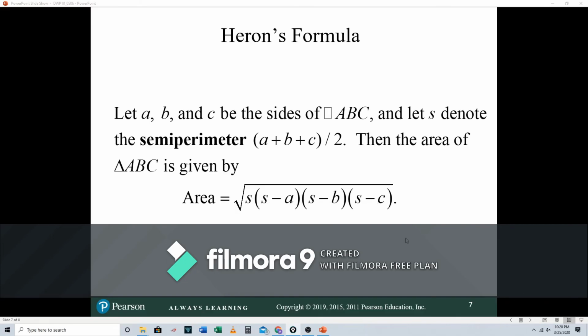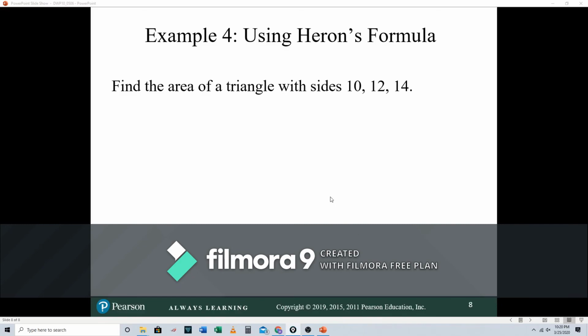Okay. So first, we're going to find the semi-perimeter. S is equal to 10 plus 12 plus 14 all over 2, which, since these are three consecutive even integers, is 5 plus 6 plus 7, which is 18. All right.